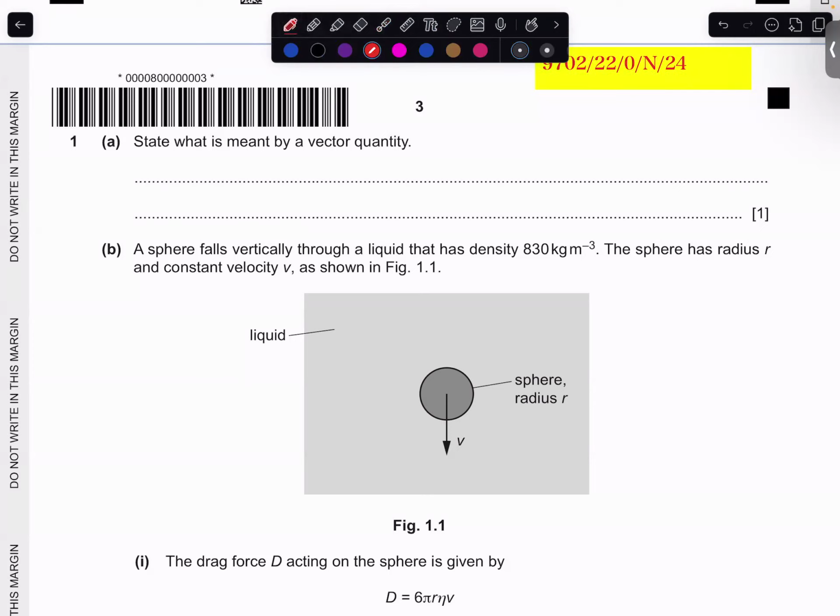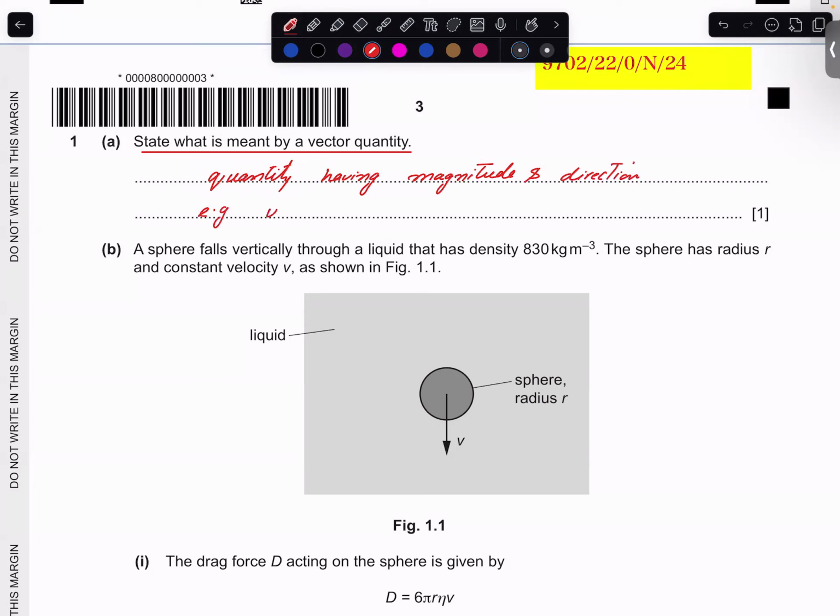Part A: state what is meant by vector quantity. Vector quantity means such quantities having magnitude and direction.